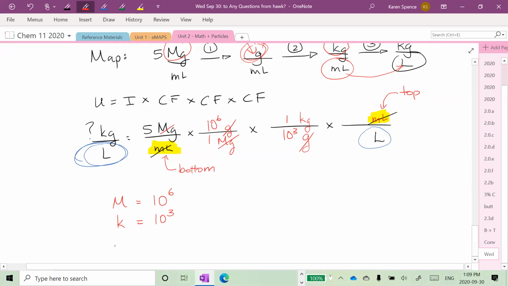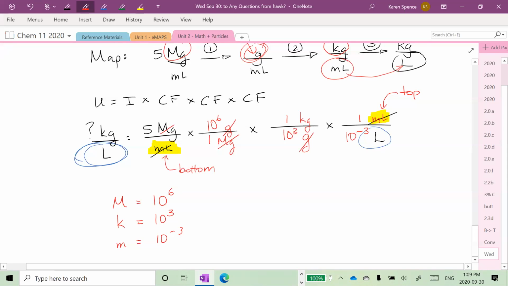And then milli is 10 to the -3. And that one's really, if you don't memorize anything else, we use milliliters a lot, so that one's really worth knowing. So there is 10 to the -3 liters per 1 milliliter.